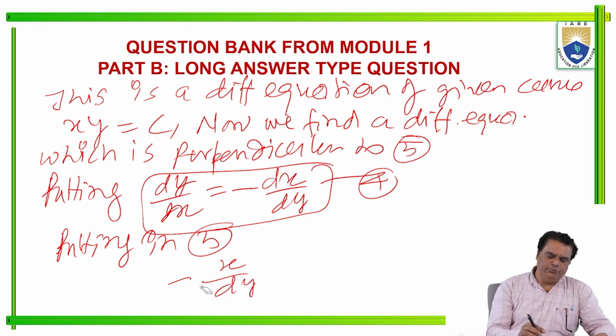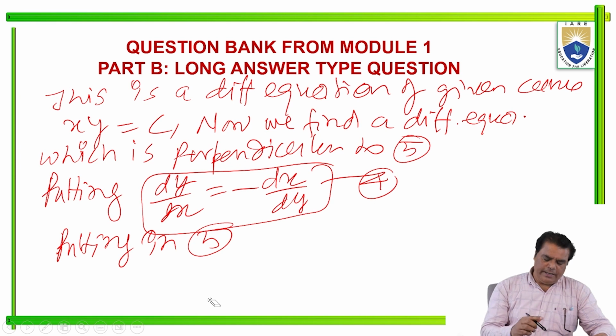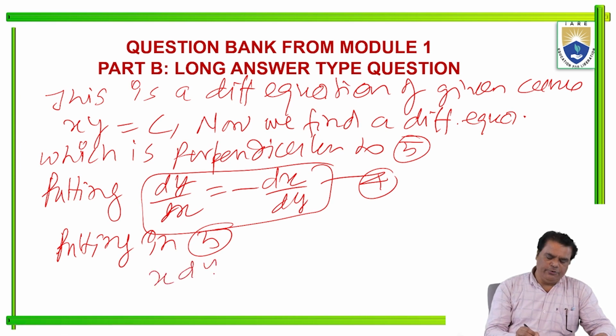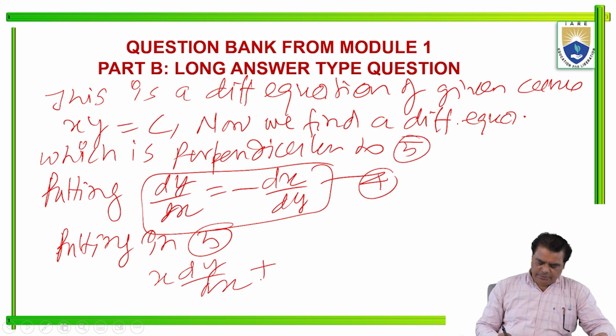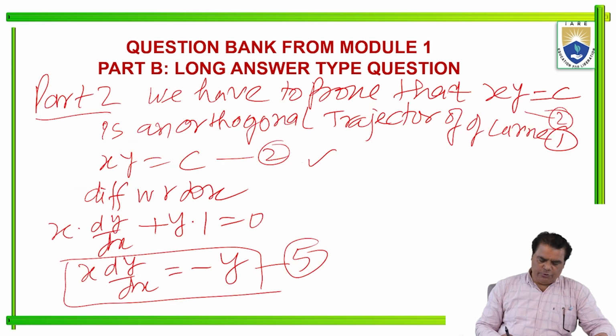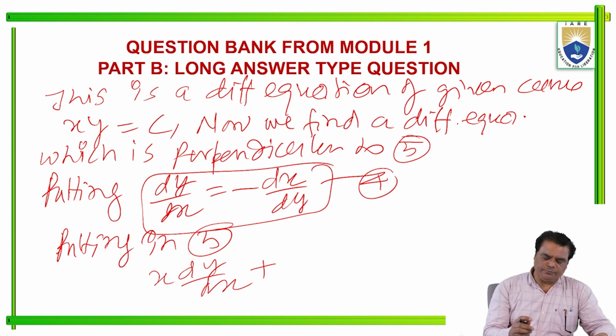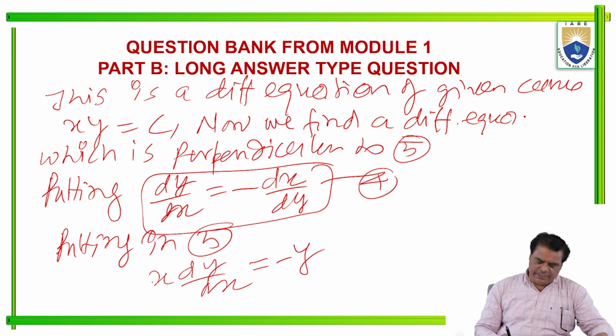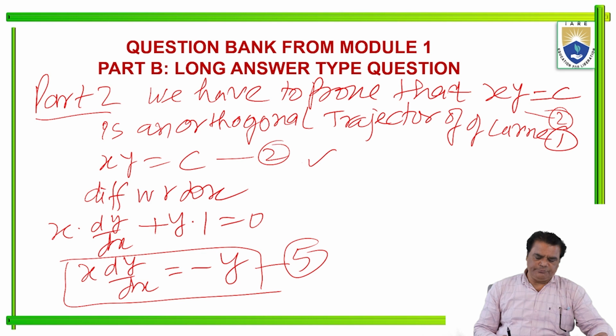We are writing here equation x dy over dx equal to minus y. So putting this value here, this equation is 5.